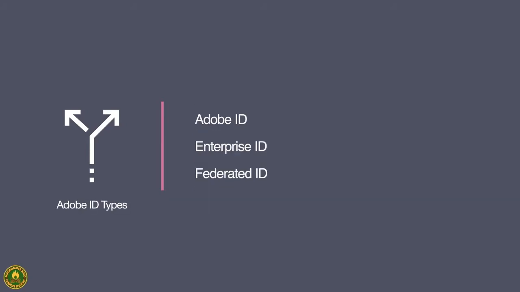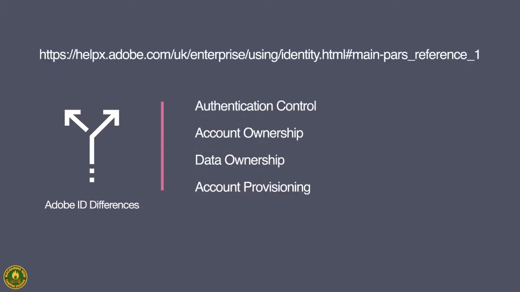Talking of Adobe IDs, there's three core types you'll probably encounter. There's your standard Adobe ID, an Enterprise ID, and a Federated ID. The differences between each type are detailed at that link shown, but in summary, you won't be able to control aspects like password policies for standard Adobe IDs.